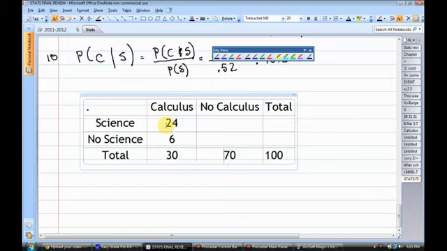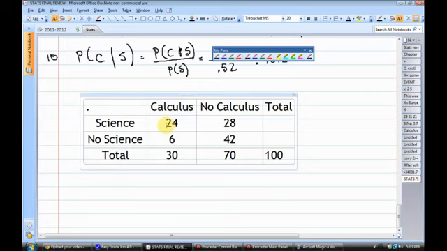Of the people who did not take calculus, 40% of them took science. So 40% of this 70 took science, 28. That means 28 of that 70 took science, and the rest of them, 42, did not take science.